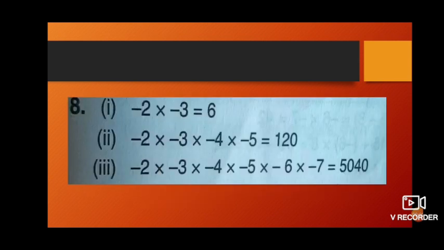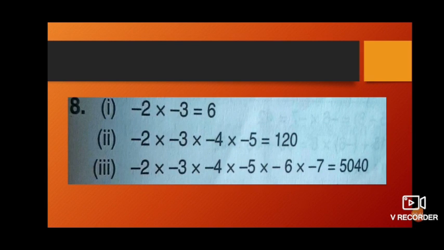Next, it's just the reverse. Here, if you observe, I am multiplying an even number of negatives. In the first case, minus 2 into minus 3: minus of minus is plus 6. Again, an even number, 4 negative numbers, I am multiplying. Minus of minus plus, plus of minus minus, minus of minus plus again.